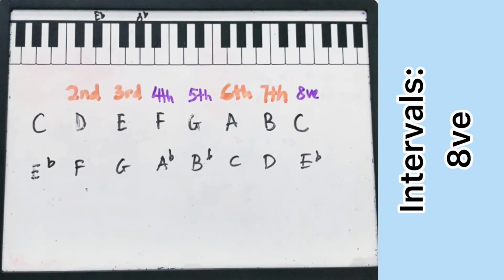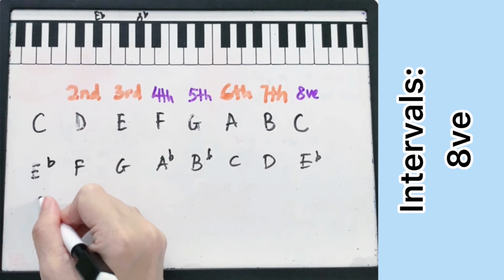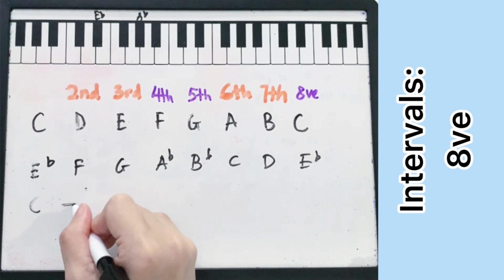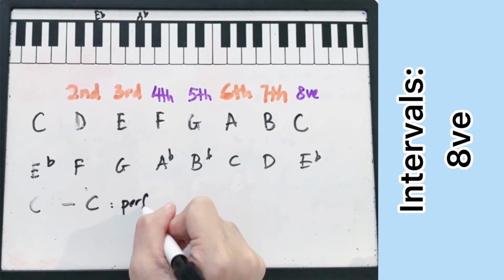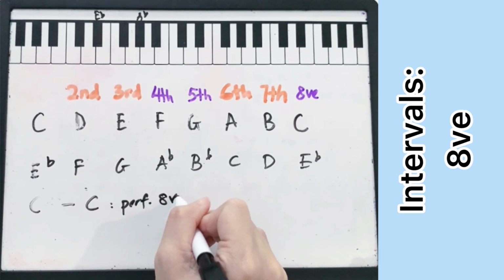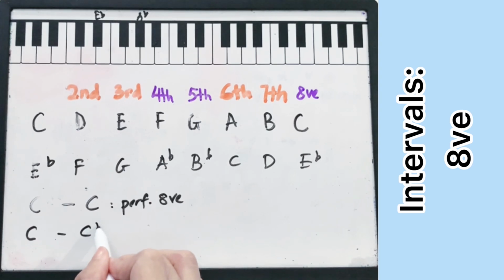Finally, we'll look at the intervals of an octave in the scale of C major. So C to C would be a perfect octave. And now comes the intervals. If I have C to C flat.